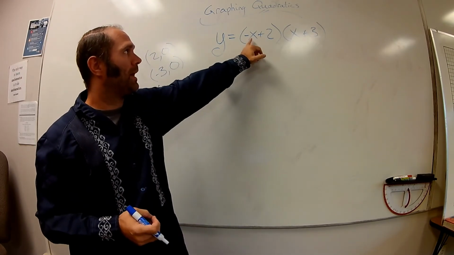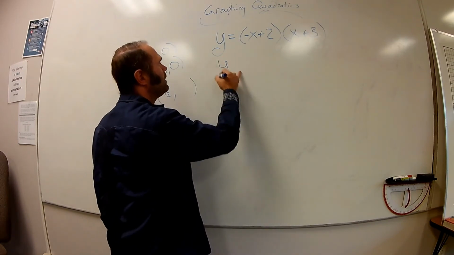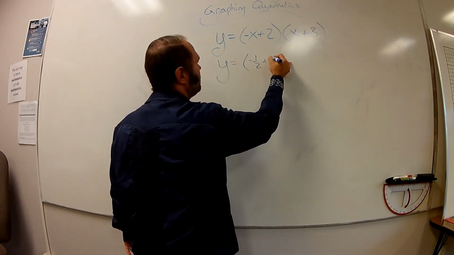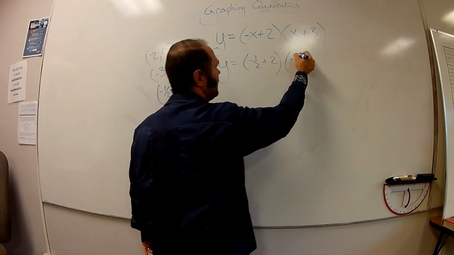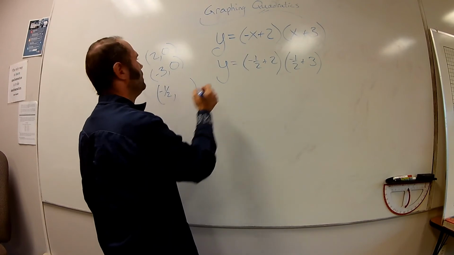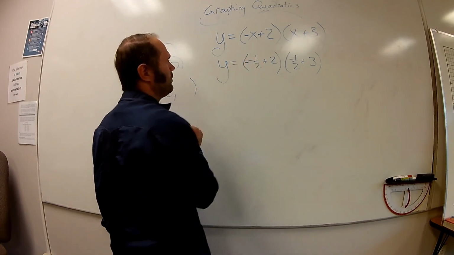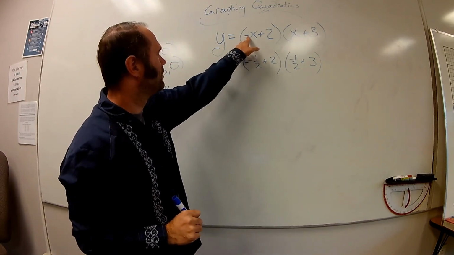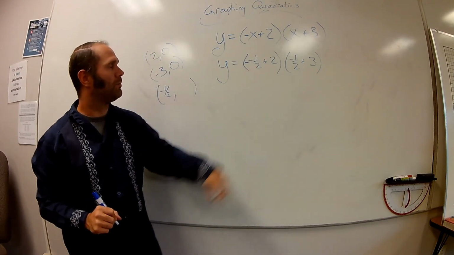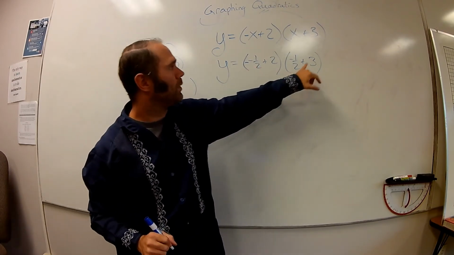So we have to plug it back in for x. So y equals negative x plus 2 times x plus 3. Sorry, negative y, right? It's a negative 1 half. So double negative 1 half plus 2, and then negative 1 half plus 3.